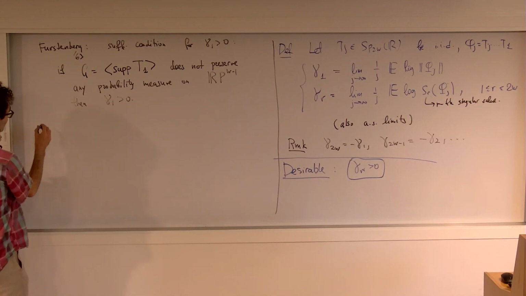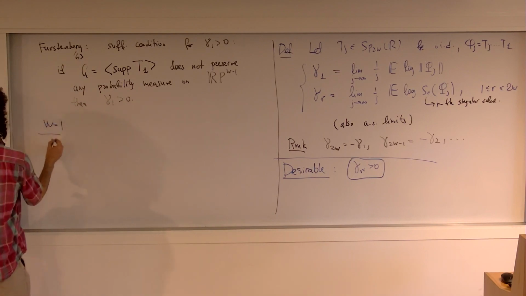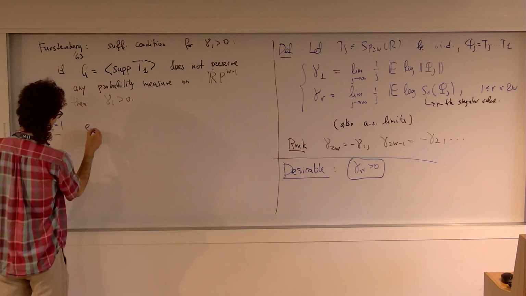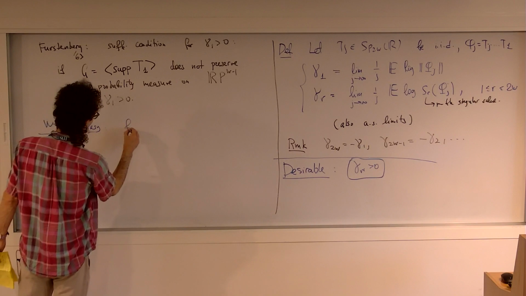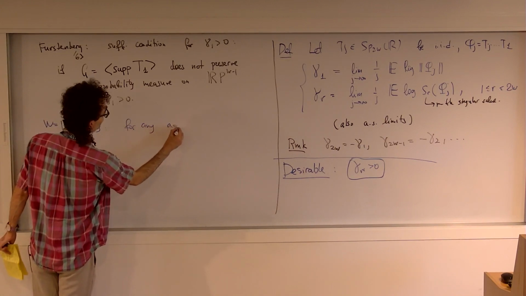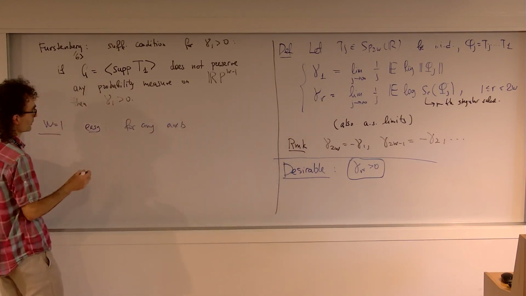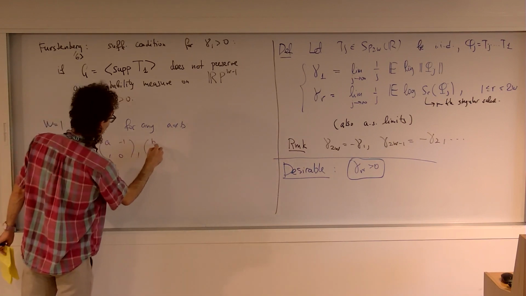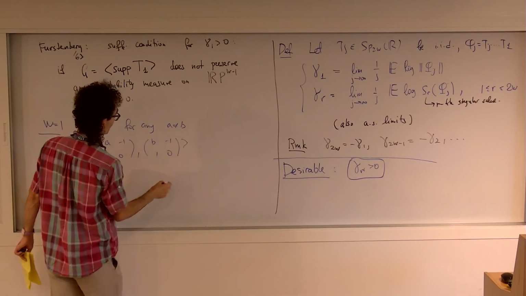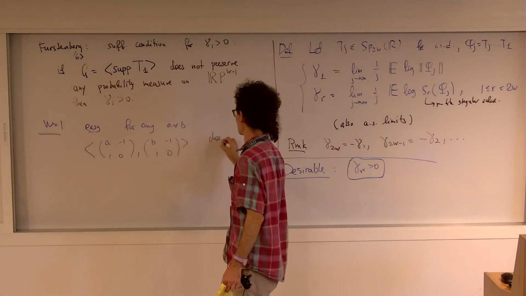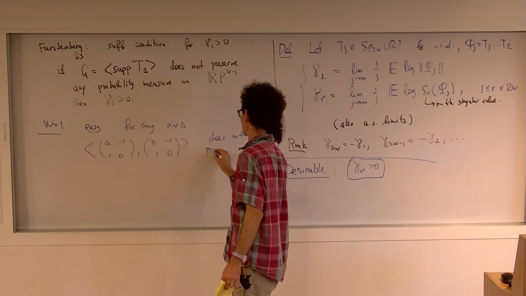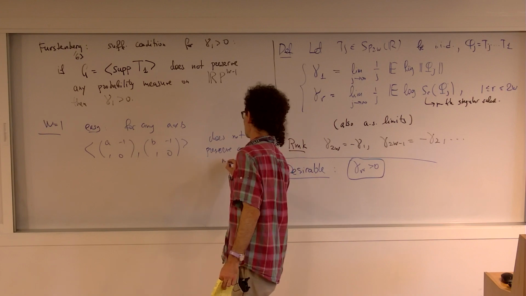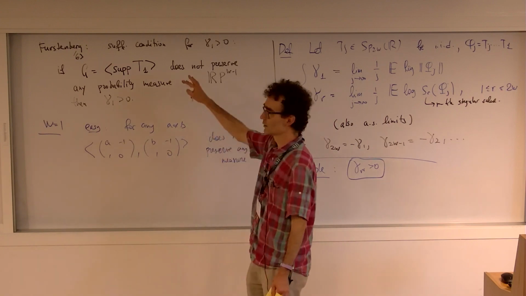So for W equals 1, our matrices look like this, and it's an easy fact that for any pair of real numbers A and B which are not equal to one another, the group generated by (A, -1; 1, 0) and (B, -1; 1, 0) does not preserve any probability measure on the projective line.